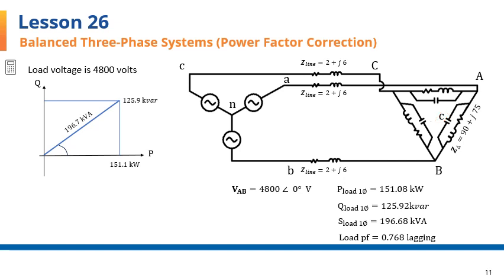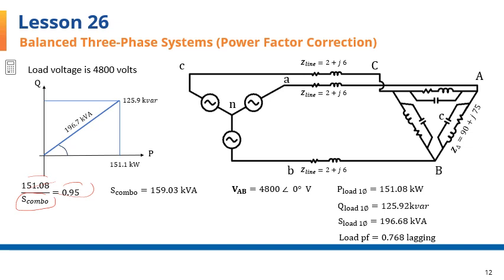Having the new power factor of 0.95 and the real power of 151.1 kilowatts, we can find the apparent power. From this equation, we know that power factor equals real power over apparent power.